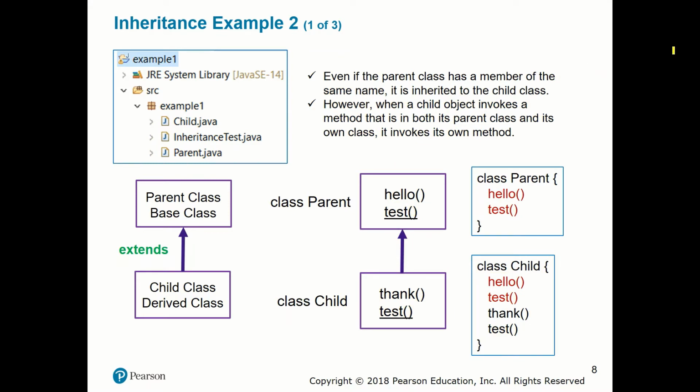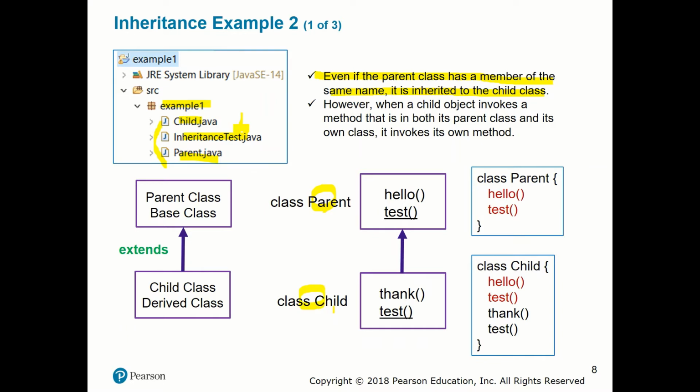Let's take a look at this example. Package example 1 has 3 classes: parent, child, and inheritance test. The main method will be here. And even if the parent class has a member of the same name, it is inherited to the child class. So here, parent class, and this is the child class.